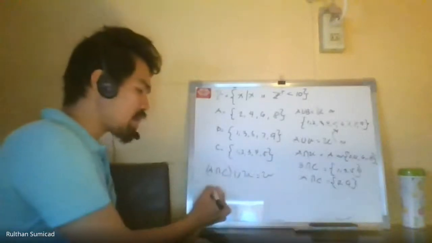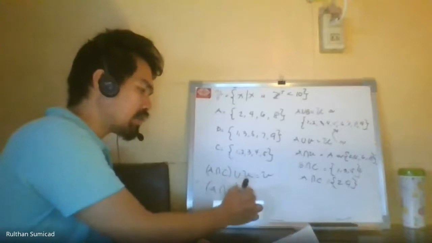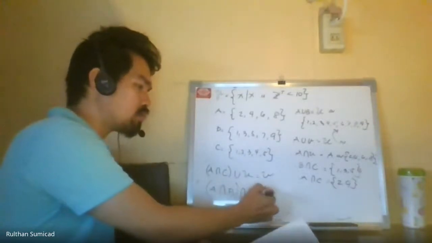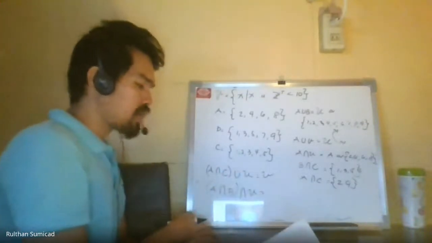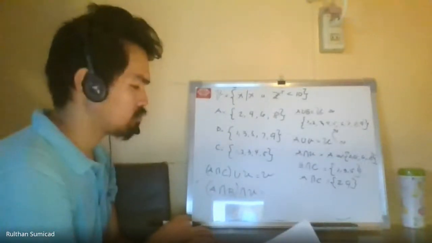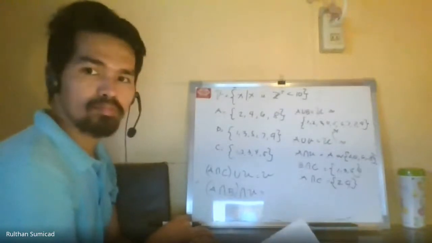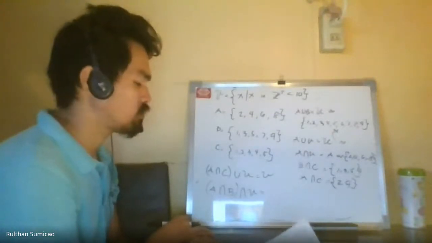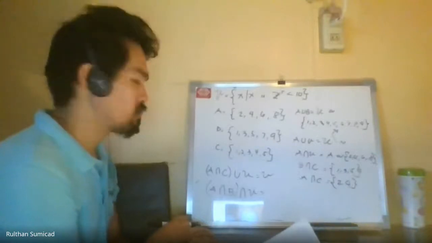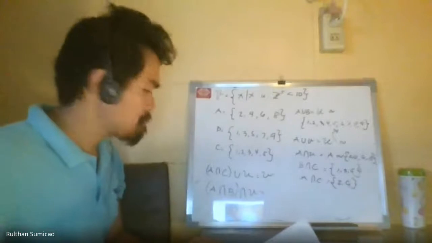What about A intersection B intersection U? What's the answer? Null, sir.